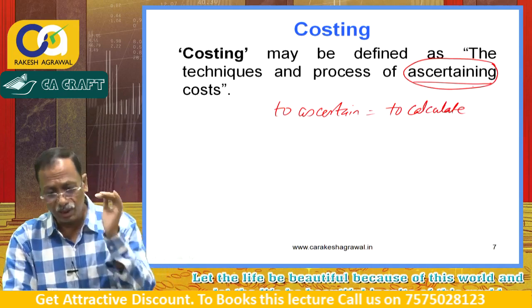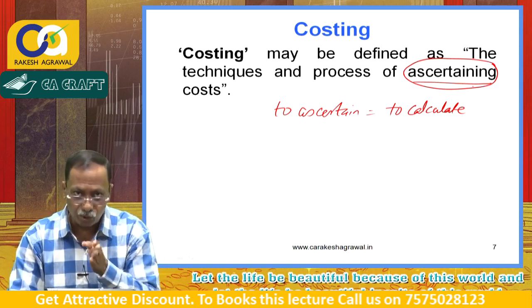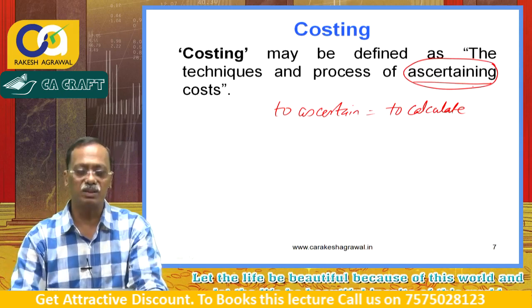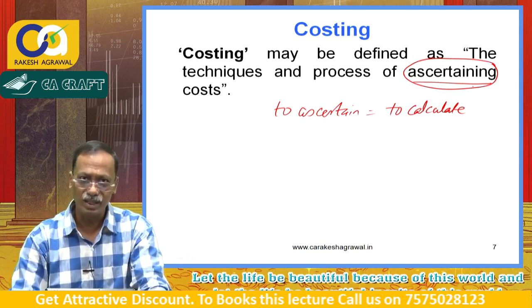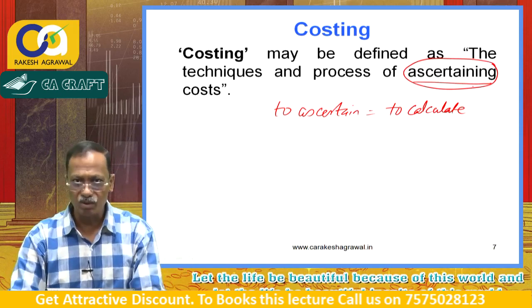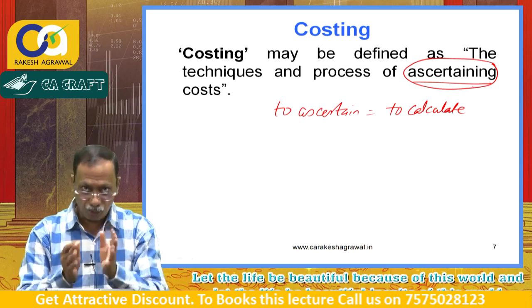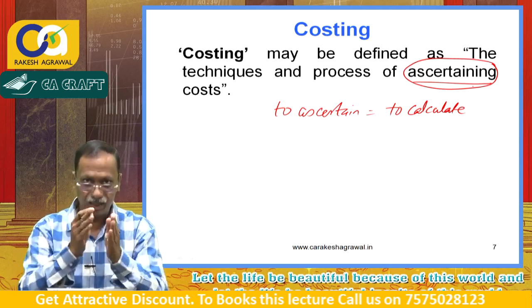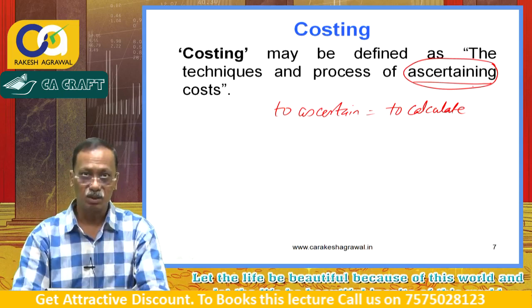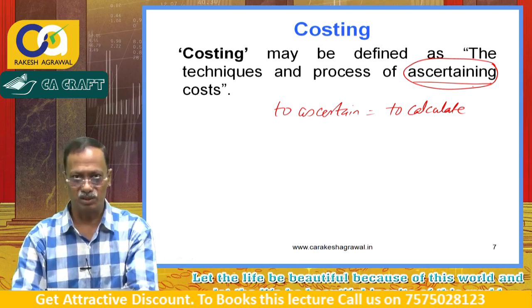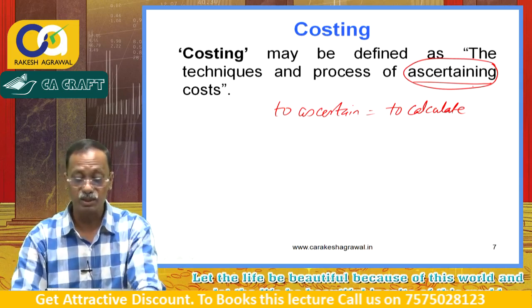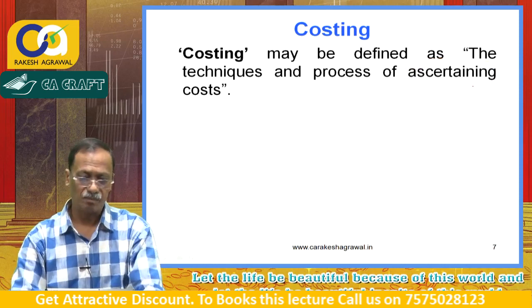The procedure through which we calculate cost, that process of calculating cost is called costing. Are you getting it? Cost was only the monetary value of all sacrifices made to achieve an objective. But there has to be a way to calculate that cost. That way, the technique or the process of calculation of cost, of ascertainment of cost, is called costing.